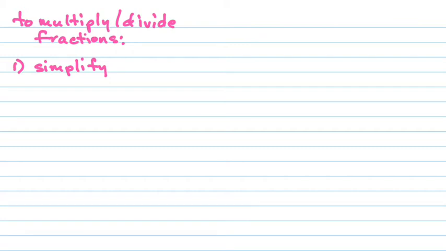All right? So if you don't simplify and you're multiplying 2/3 times 6/7, for example, if you just multiply straight across and then simplify after you multiply or divide, that works if the numbers are small. But when you start working with algebraic expressions, algebraic fractions, it stops working.